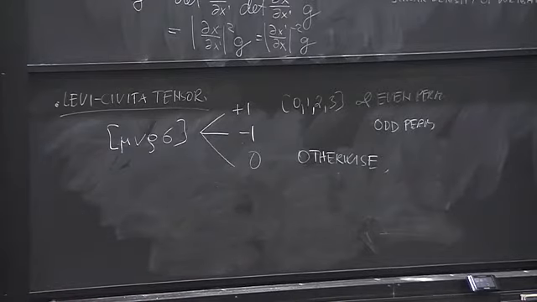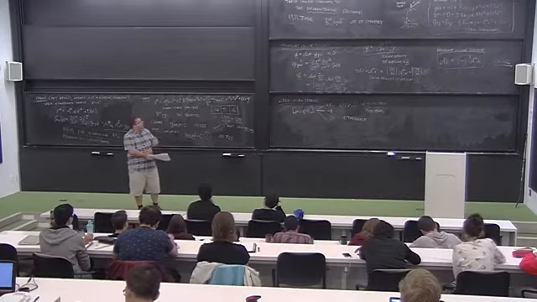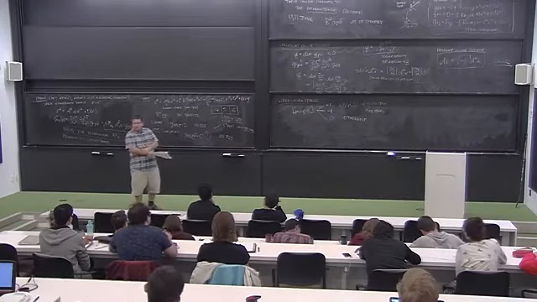So it's just +1, -1, or 0. It's just a number. Now if you look at how this thing transforms under coordinate transformation, you will find it's not a tensor. It's a tensor density. Again, there's this Jacobian entering the thing.